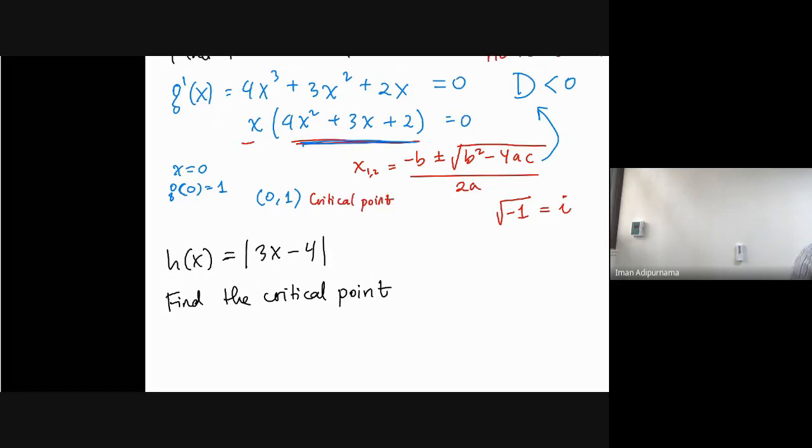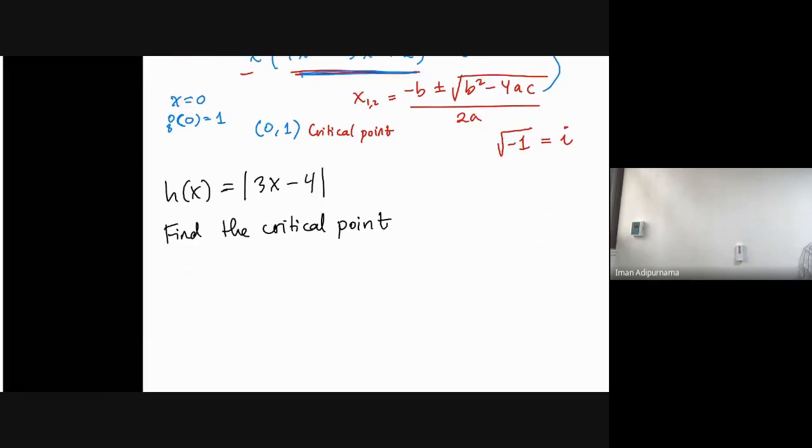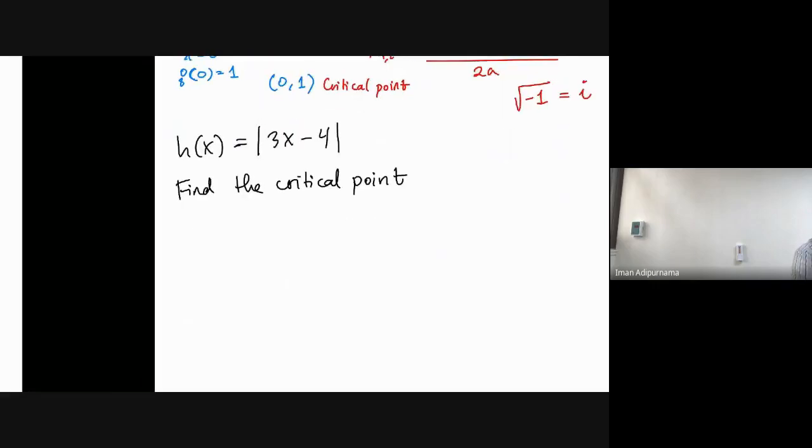Okay. With an absolute value, I hope you still remember how to solve absolute value. So you can have the positive case and the second is the negative case. Or you can write this as positive and the second one is negative.